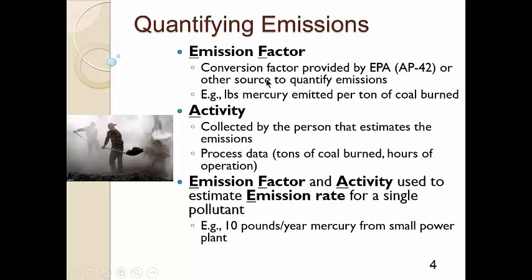And these factors are developed from the actual measurements that people have made, as well as all sorts of estimates with different models. So these emission factors are being updated, which is really great.